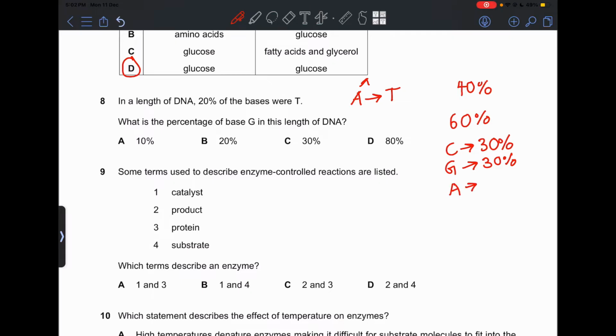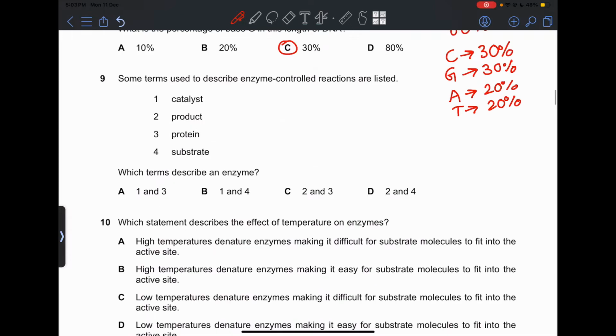The A is going to be 20%, and the T is going to be 20%, which if you add all of these numbers, gives you 100%. So our answer is going to be 30%, which is C.